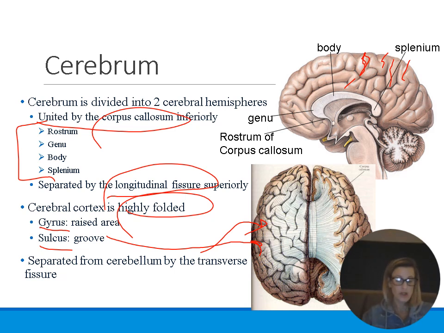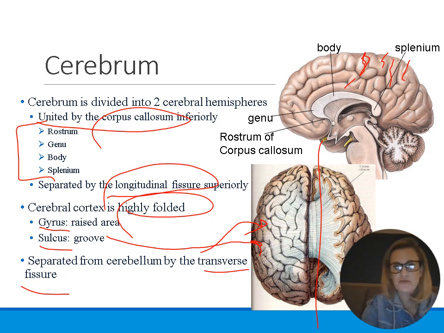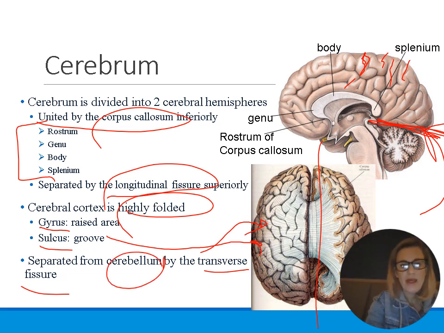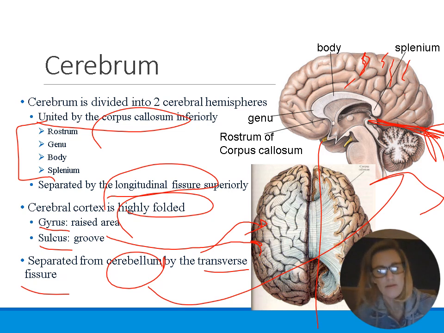One we said was the longitudinal fissure that separates the two hemispheres. In the back of the brain, there's also a transverse fissure. The transverse fissure is right here at the back. It's this deep groove that separates the cerebrum from the cerebellum.